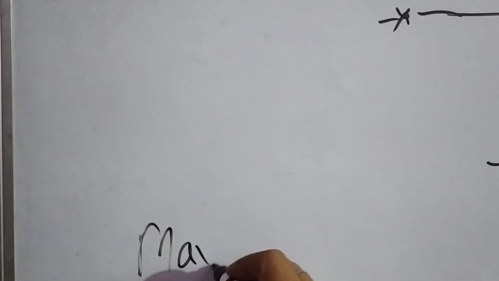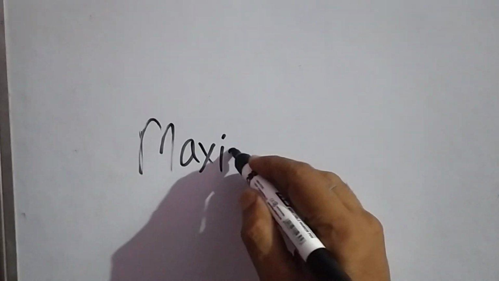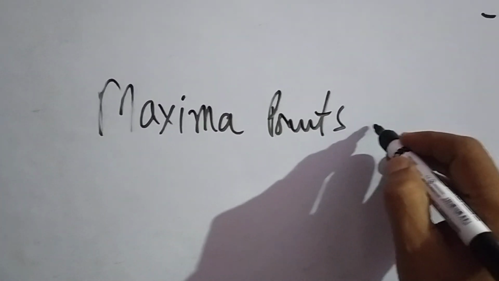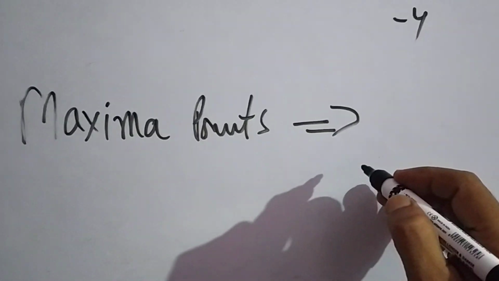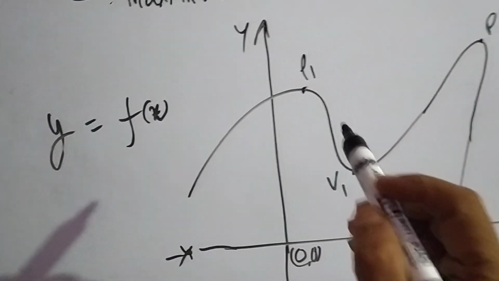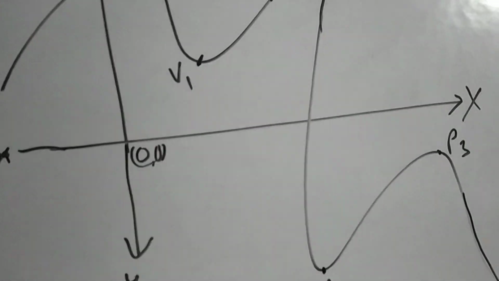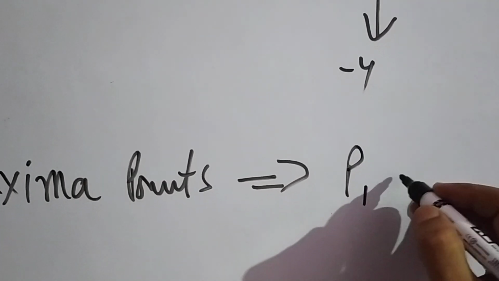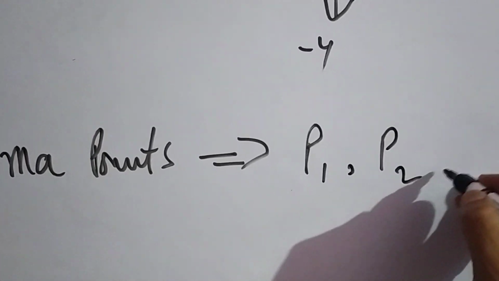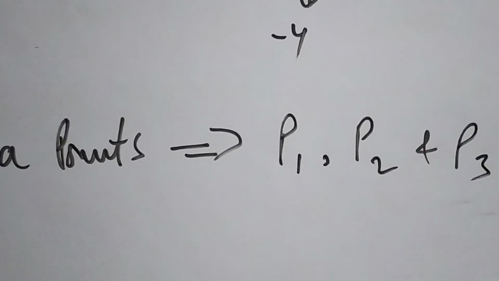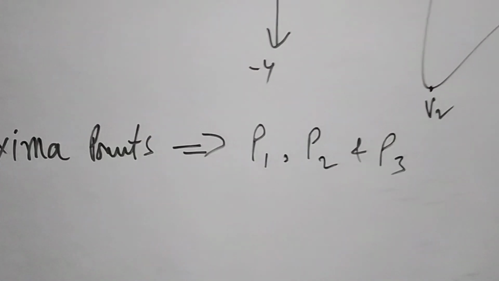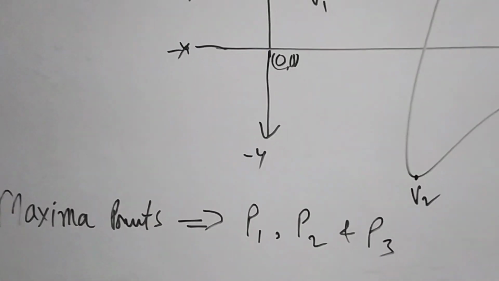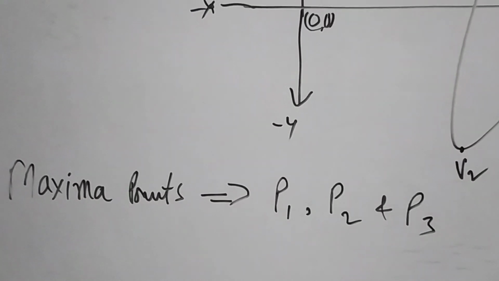maxima points will be P1, P2 and P3. That means all the peaks in a curve are called maxima points.